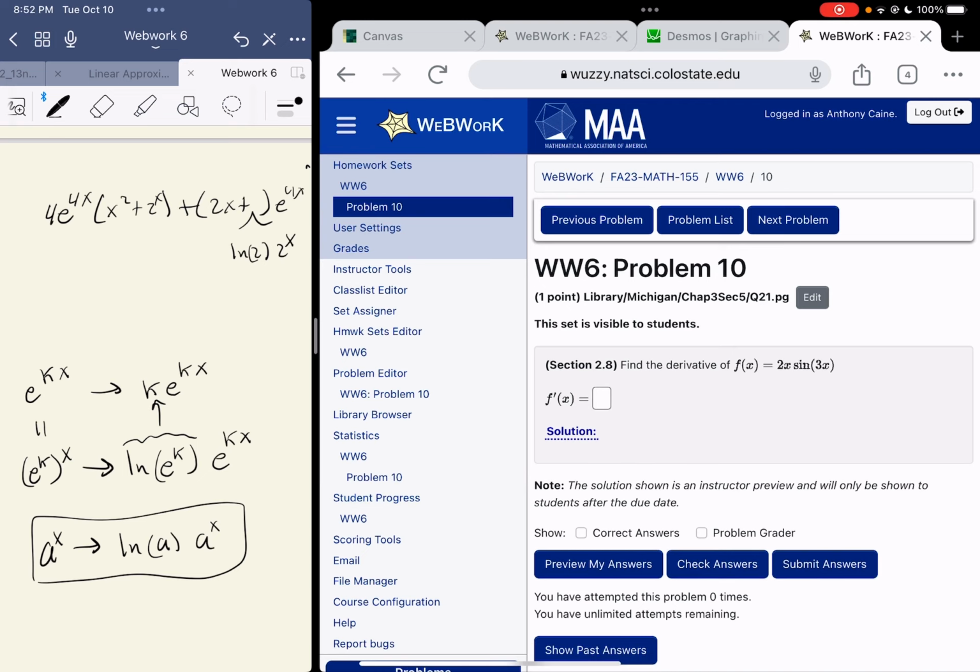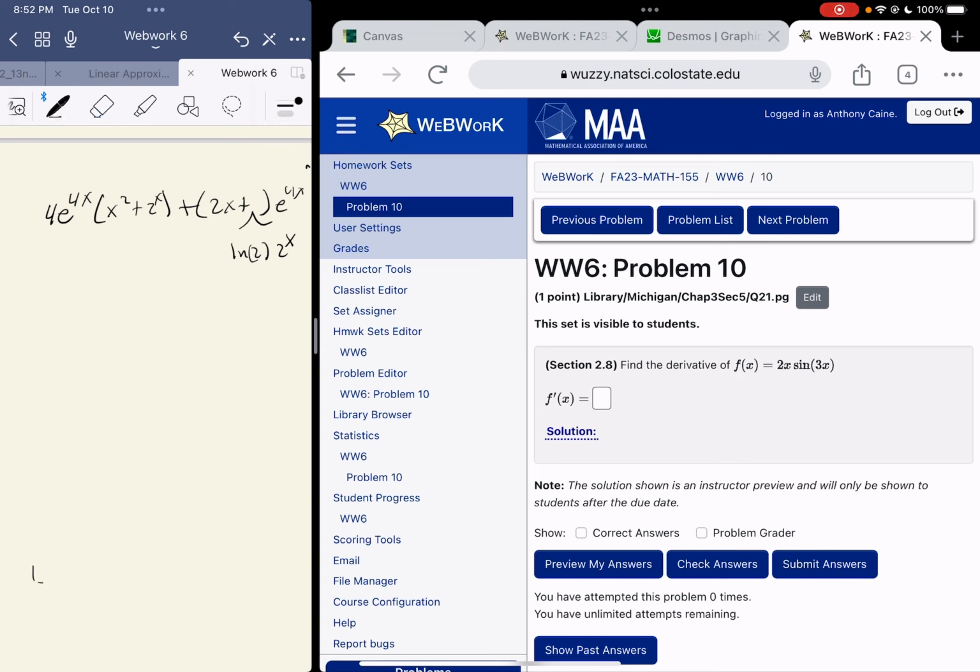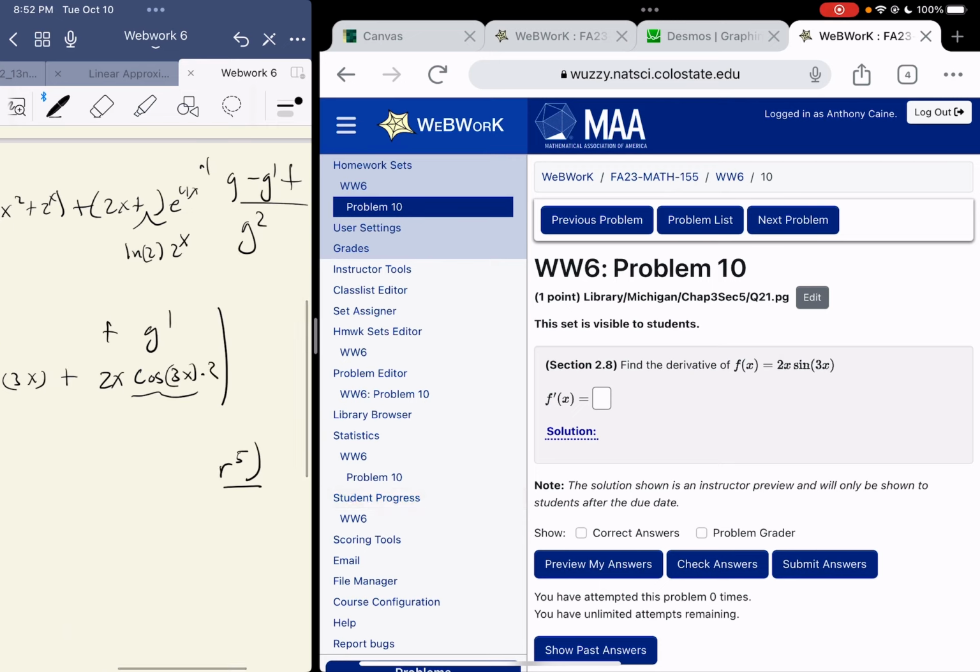Okay, look at the next one. Do the product rule, and there's a chain rule on sine of 3x. So the derivative of 2x is 2, and I multiply by the first, sine 3x. So this is like my f prime g plus f g prime. f is just 2x, but now for g prime, I have to do the derivative of sine, which is cosine, keep the inside the same, times the derivative of the inside.